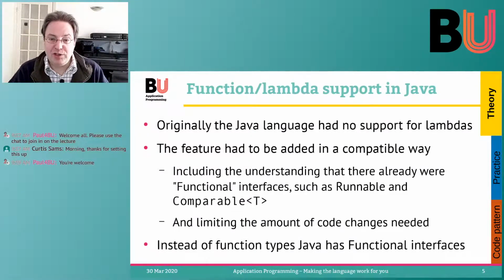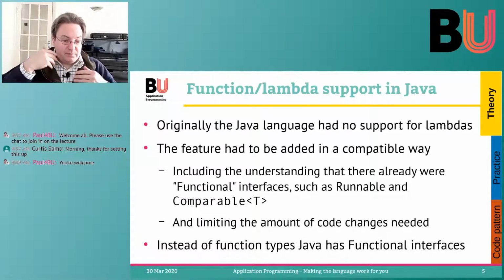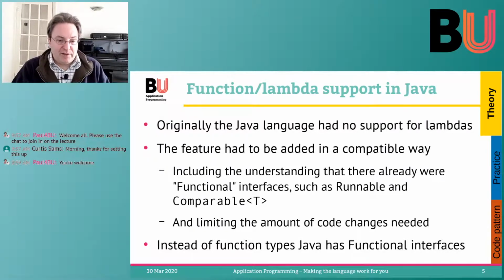So it's an interesting way of using lambdas to create objects or classes that have one particular method implemented and then immediately getting an instance of that. It's like the anonymous inner class approach, but much more concise. Java has no function types.